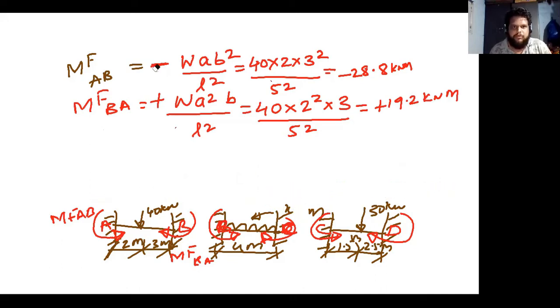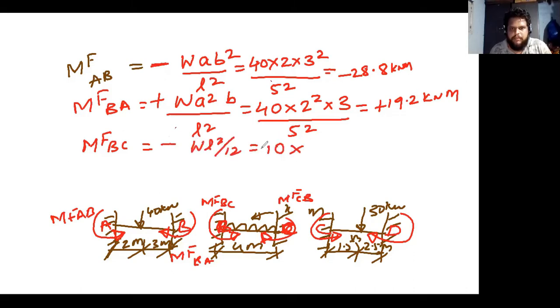So from the span 2, MFBC equal to, now if you see this BC, MFBC, the direction is anti-clockwise, so minus. It is an UDL, formula will be WL square by 12, so W will be 10, minus of 10, length is 4 meters, that is 4 square, divided by 12, this is minus 13.33 kilonewton meter.